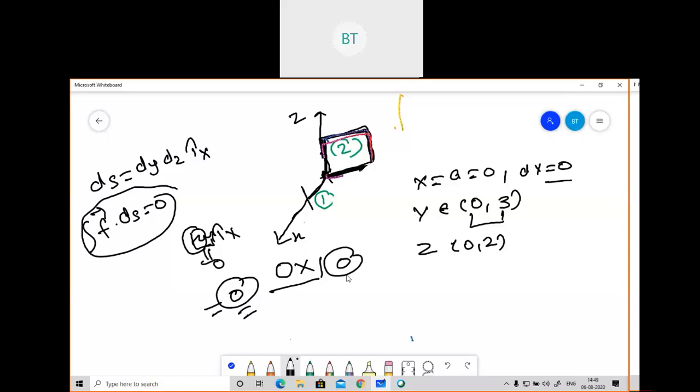Since x is constant and not varying, the value of x is 0. If you put in the limits and integrate, xy multiplied by 0 gives 0. So the second part is clear.